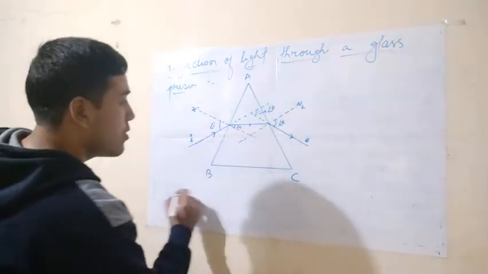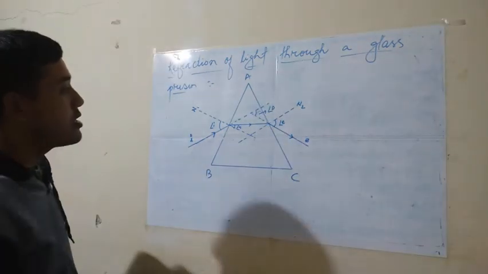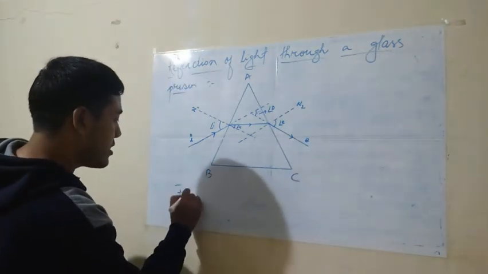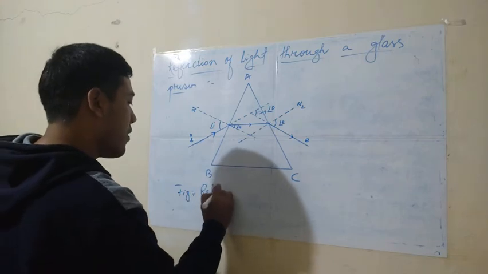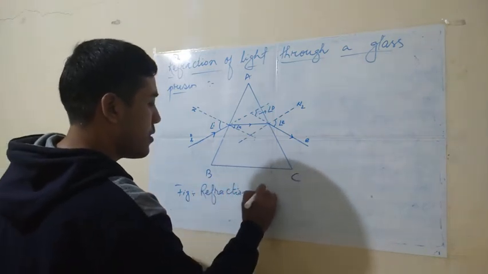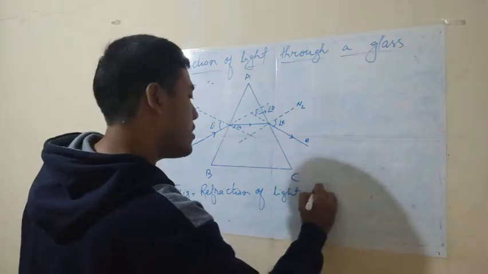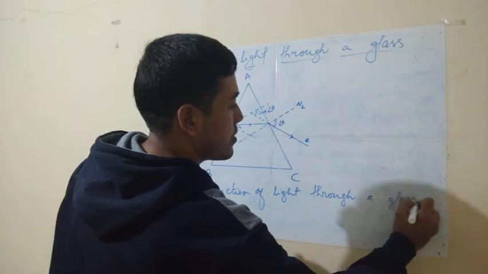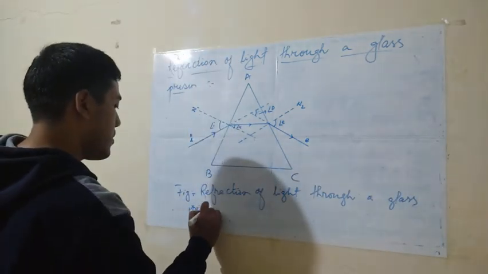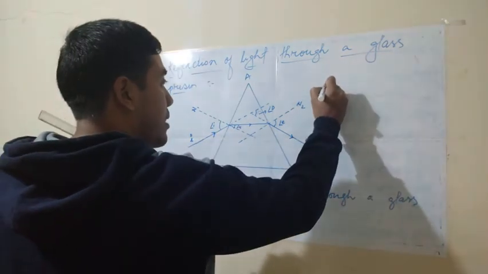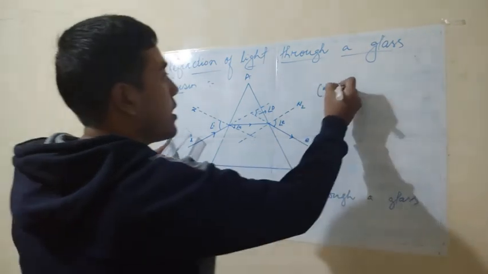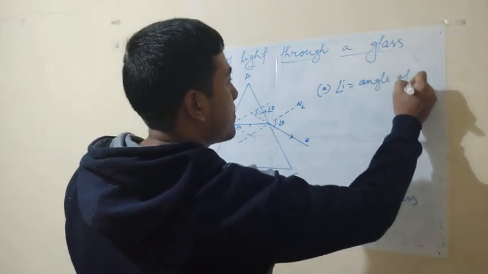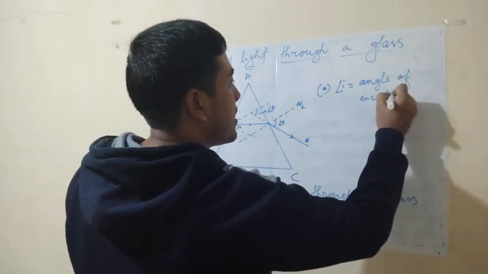Now we will write here. The figure you first write is the refraction of light through a glass prism. Now, point A, I will write: angle I is known as the angle of incidence.